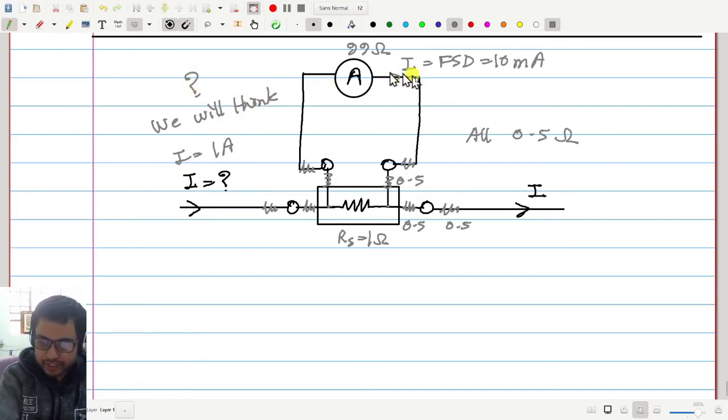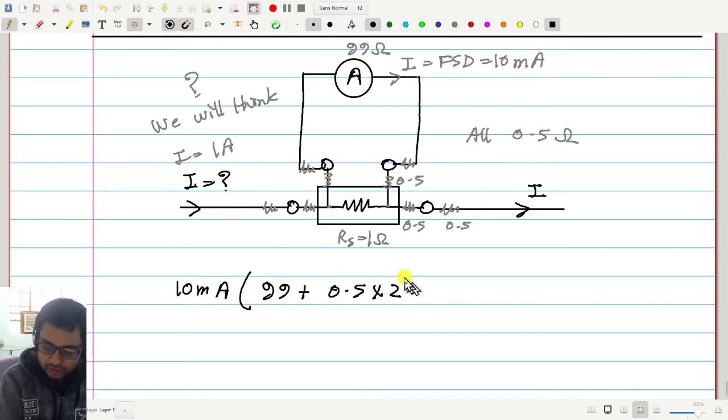So here we have 10 milliampere current flowing, and that means the voltage from here to here will be 10 milliampere multiplied with 99 plus 0.5 into 2 ohm, that is 1010 millivolt.